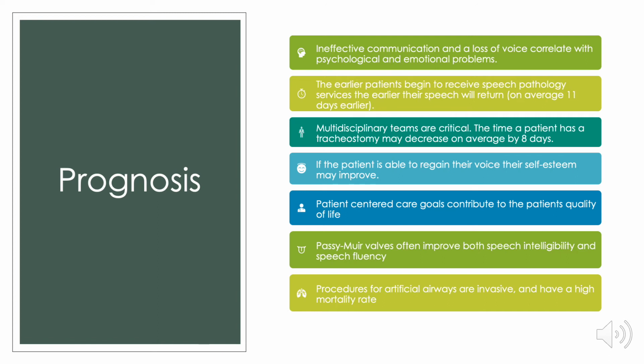In summary, trachs and vents are utilized primarily to aid a person in breathing. Those who receive a trach undergo an invasive procedure as a result of a medical diagnosis that impacts their ability to breathe. Patients who undergo a tracheostomy may or may not be placed on a mechanical ventilator to help them breathe. These are two devices that impact a patient's voice and swallowing.